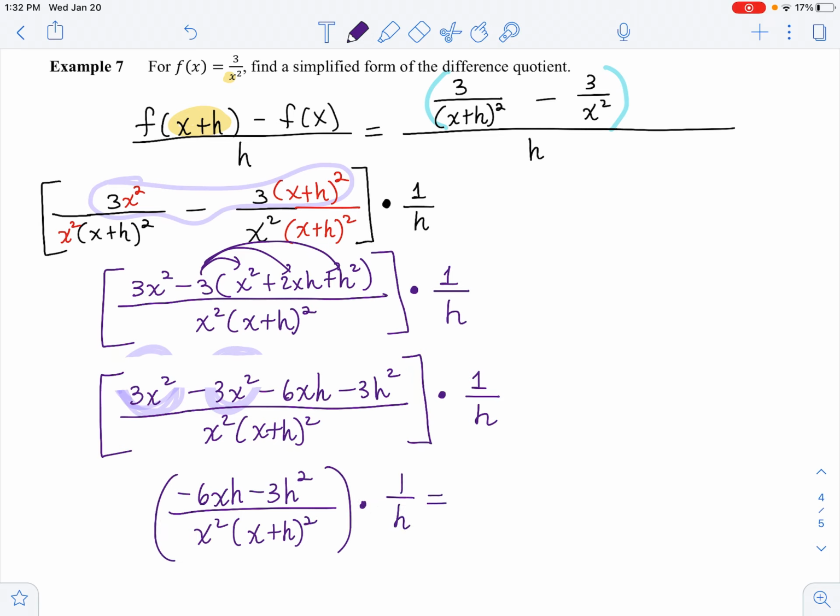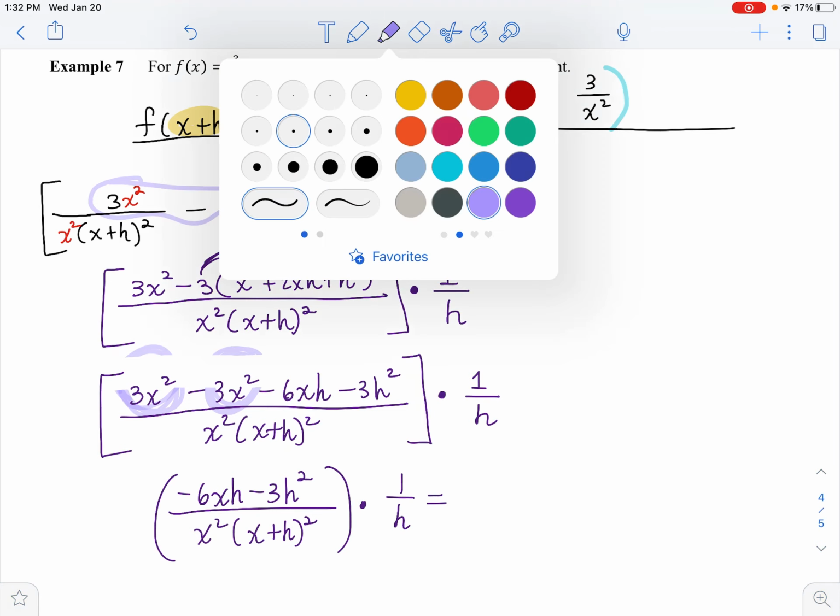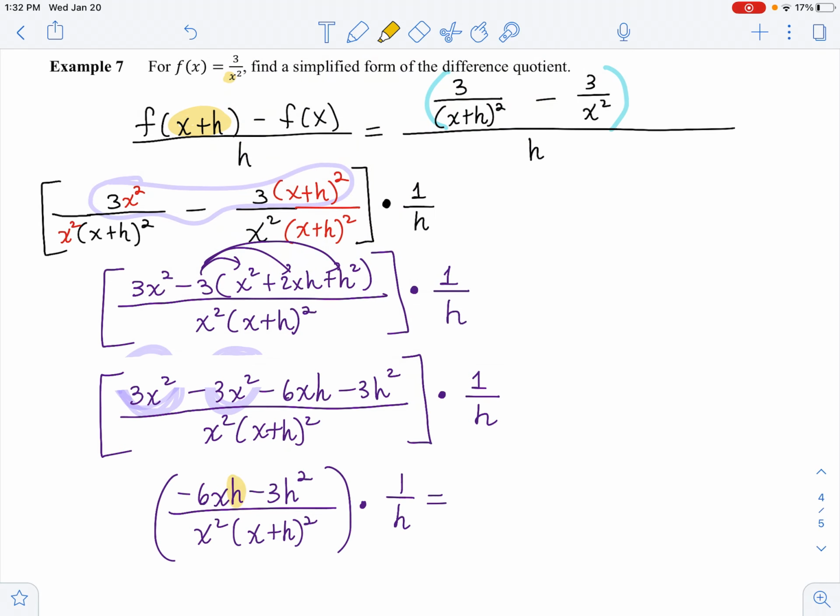And I'm almost done, you guys. Notice that the numerator terms both have h's, right? So I will factor out that h in front of it. H is in front, and I will have negative 6x minus 3h all over x squared times x plus h squared. And we're going to multiply this by 1 over h.